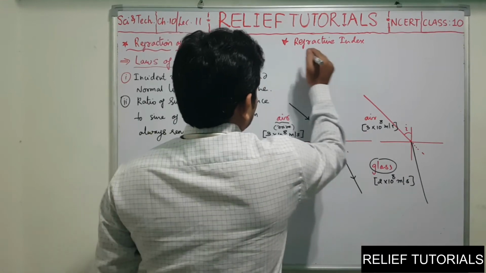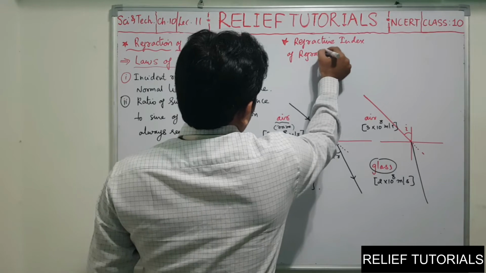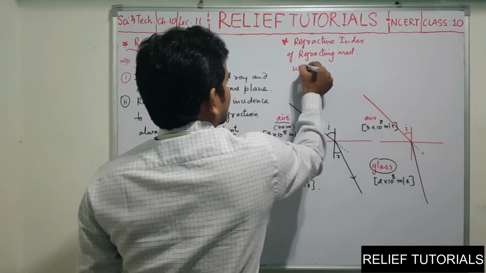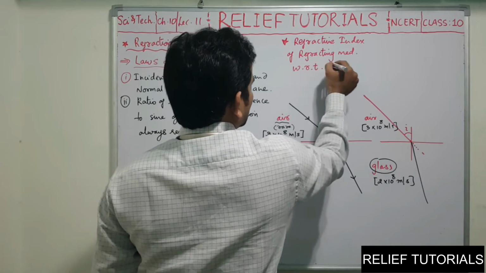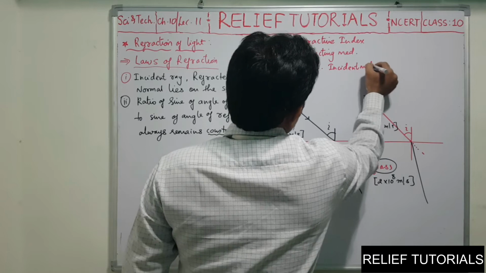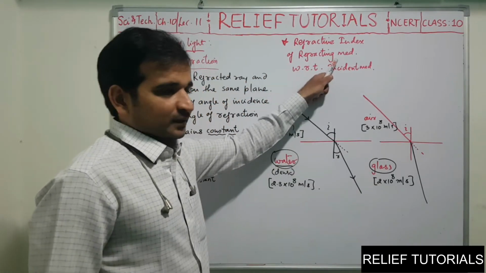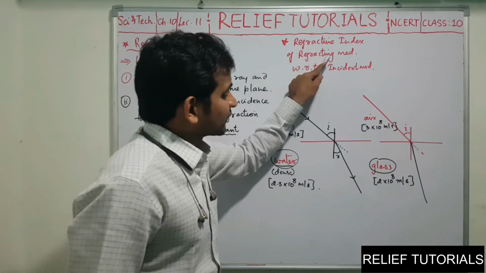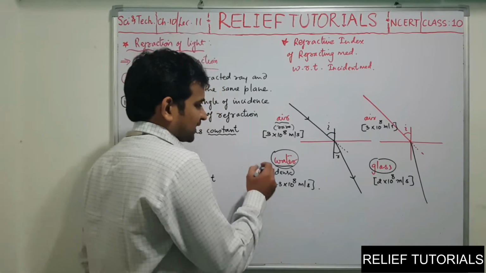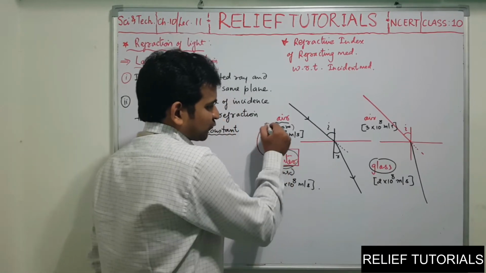Look at the formula. Refractive index is always of the refracting medium with respect to the incident medium. See, in the first example, refractive index will be of water with respect to air.